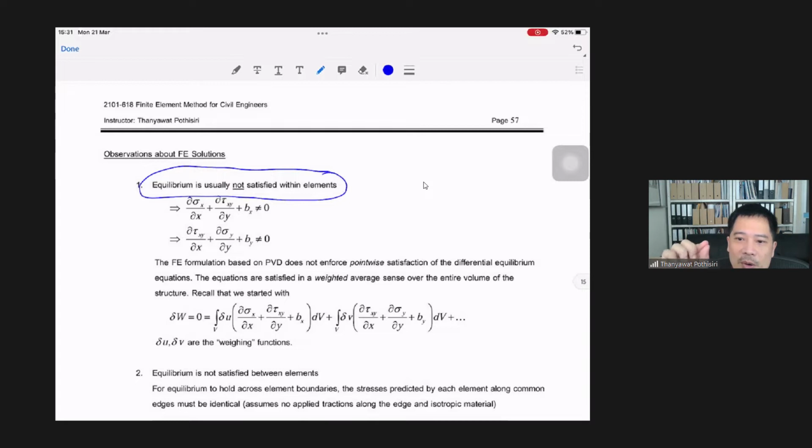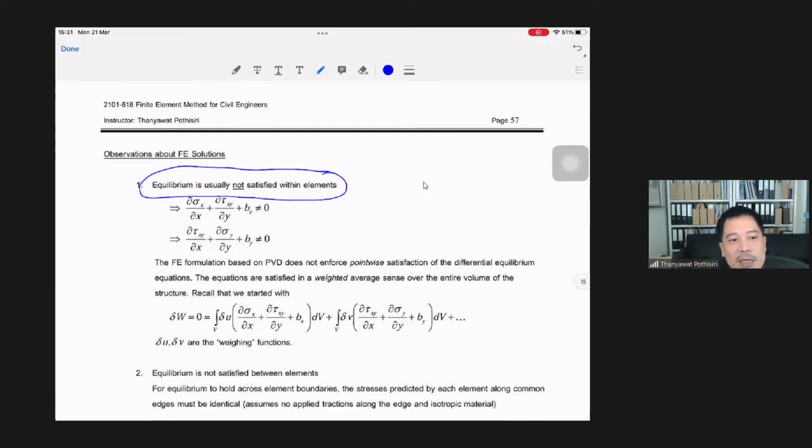So even though equilibrium may not be satisfied within the element, if you look at the nodes, equilibrium at the nodes must be satisfied, because remember that the stiffness equation is written based on the quantities at the nodes, and the stiffness equation essentially represents the equilibrium equation.